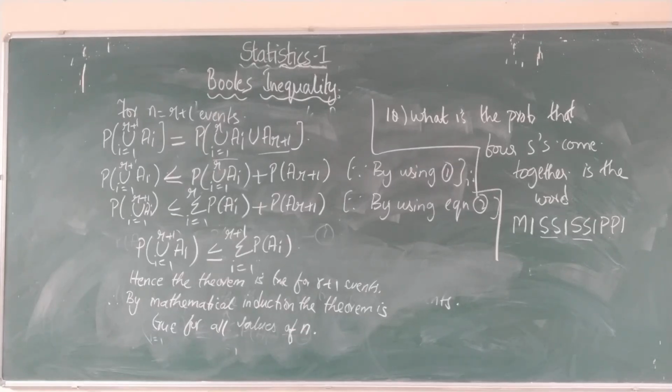In the word Mississippi, the 4 S's must come together at a time. How many ways will you get? 1 chance, 2 chance, 3, 4, 5, 6, like that. 8 chances are there for getting the 4 S letters at consecutive positions. So 8 factorial by 4 factorial by 2 factorial.